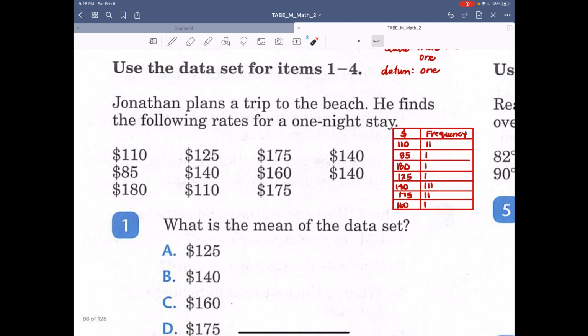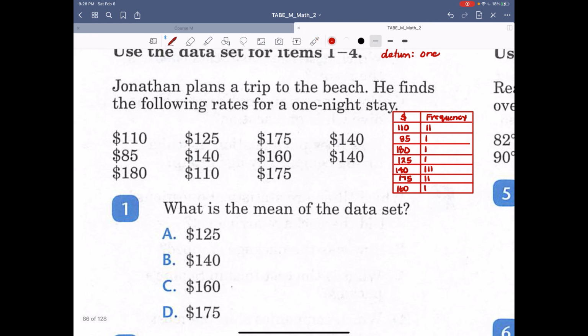Okay, to find the mean, I'm going to use my frequency table. I'm going to say that I have 110 times 2 plus 85 plus 180 plus 125 plus 140 times 3 of those plus 175 times 2 plus 160.